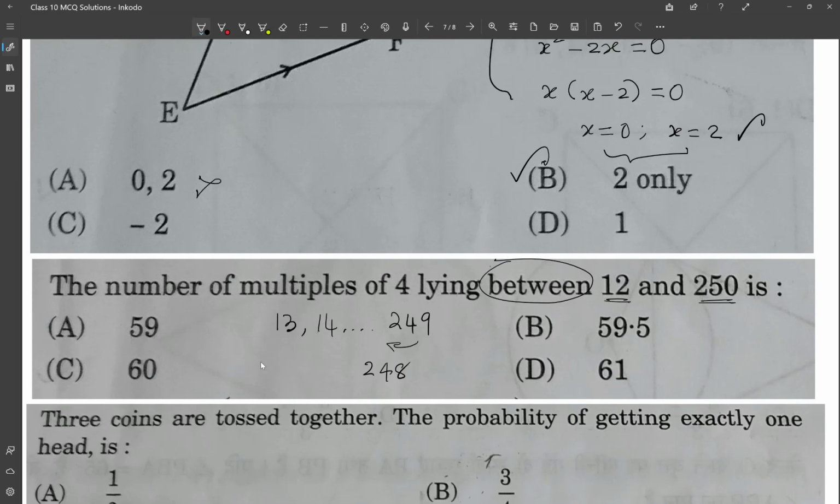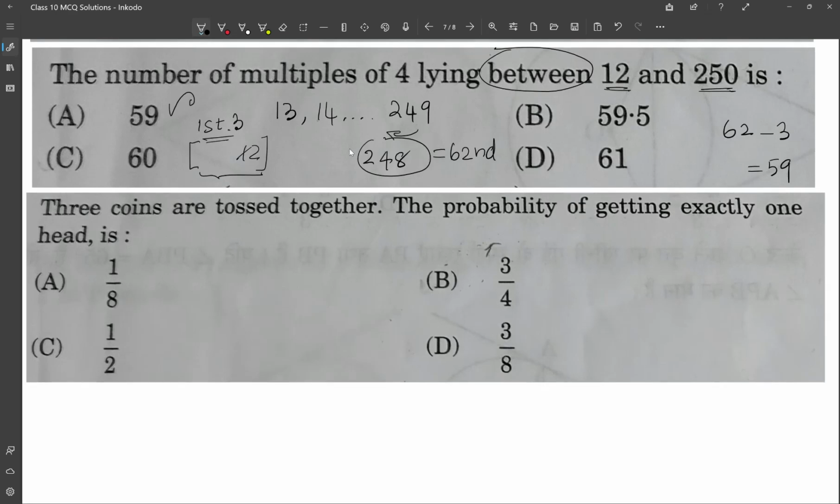Before 13 there is a 12, but we are not going to include that, which means we are going to exclude the first three multiples of 4. 248 is the 62nd multiple of 4, so 62 minus 3, that should be 59. Out of 62 multiples, I've excluded the first 3 multiples, so the answer should be 59. Option A is the correct answer.